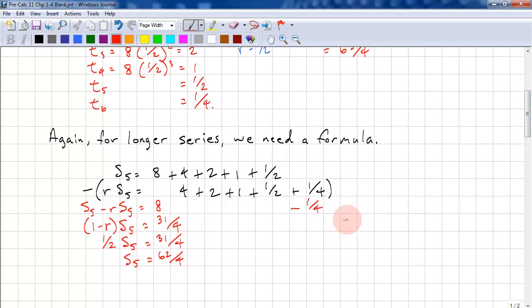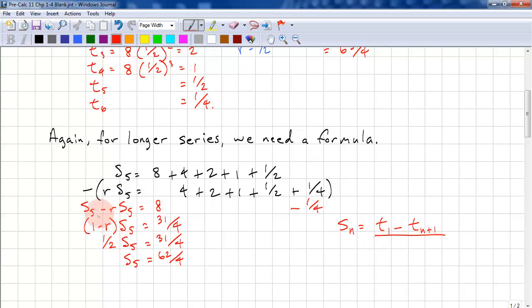So we have Sn equals this value, so we did this minus this, which gives us the first term minus the last term, plus 1. So T1 minus Tn plus 1. Remember, T6 is 1/4. So this is 1/4, Tn plus 1. We're doing S5 here.